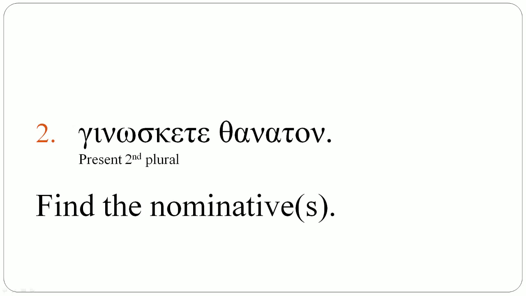Next thing, find the nominatives. All right, well, we already know that the verb is a second person plural, so there are not going to be any nominatives. Okay, you have to get the subject in this sentence out of the verb, which is, again, why I told you don't find the nominatives first. Because, yeah, I mean, this sentence is super short. You don't have to be looking around for anything. But if you were fixated on, I have to find the nominative because that's the subject, you're going to be looking for a very long time for a nominative in this sentence because there isn't one.